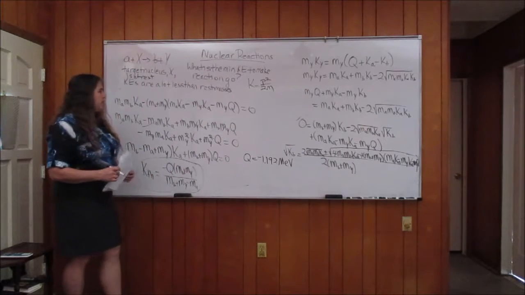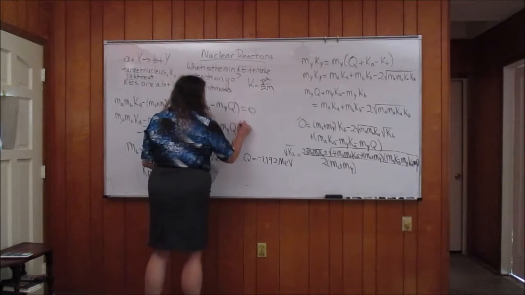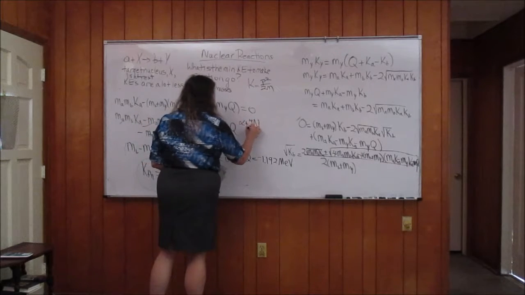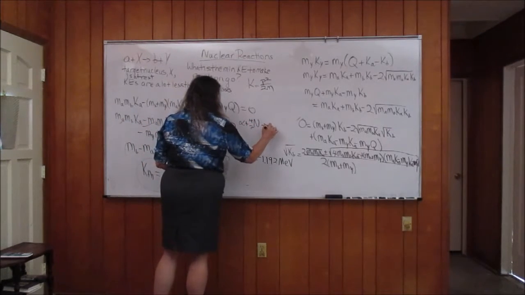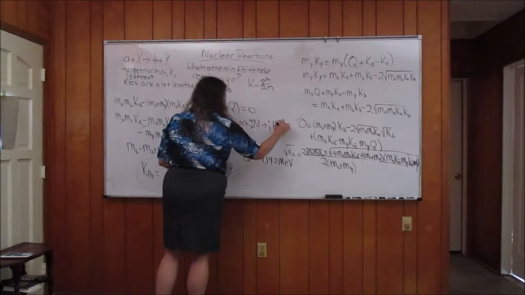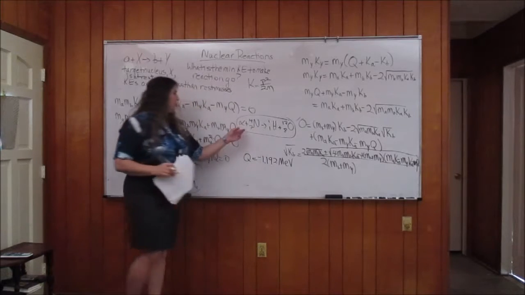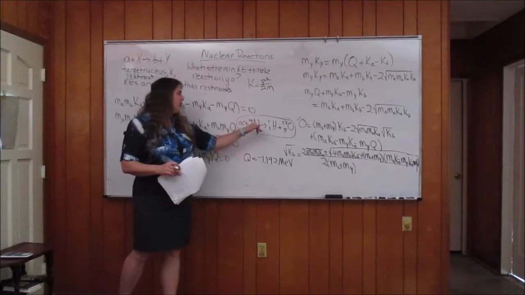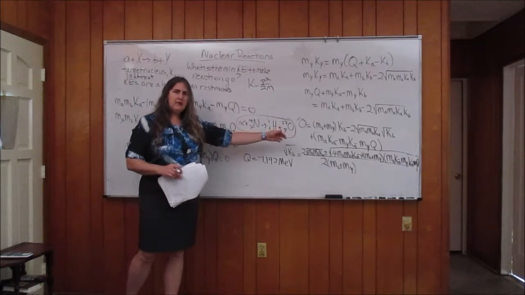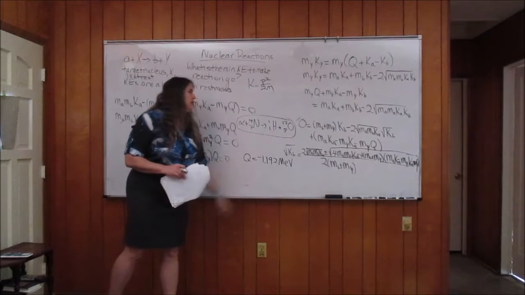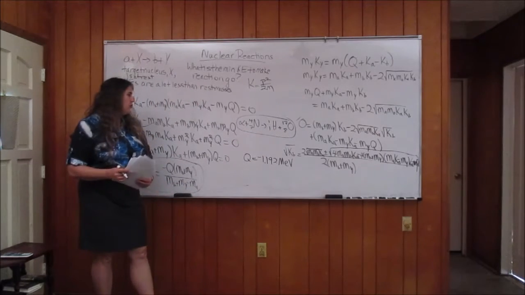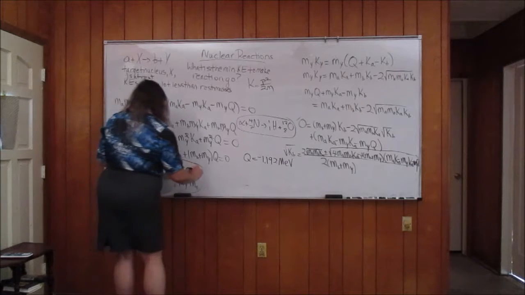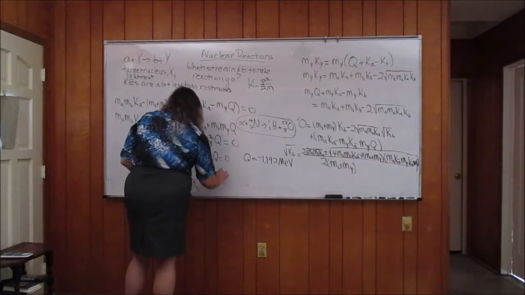So let's go ahead and plug in the numbers again. Remember, this was for the nuclear reaction. An alpha particle bombards nitrogen-14, and as a consequence of that, hydrogen and oxygen-17 are formed.